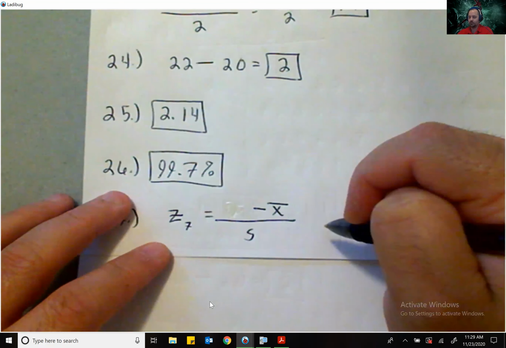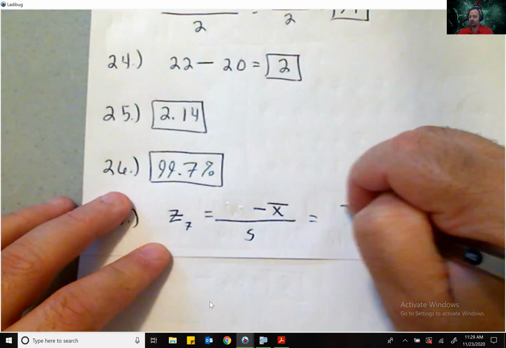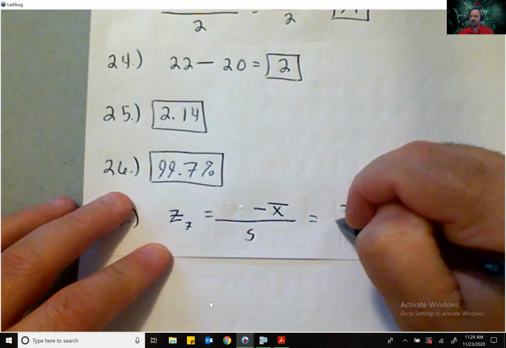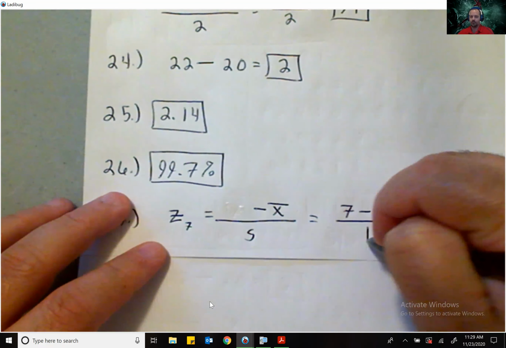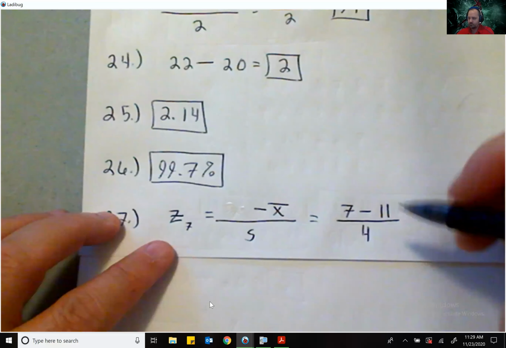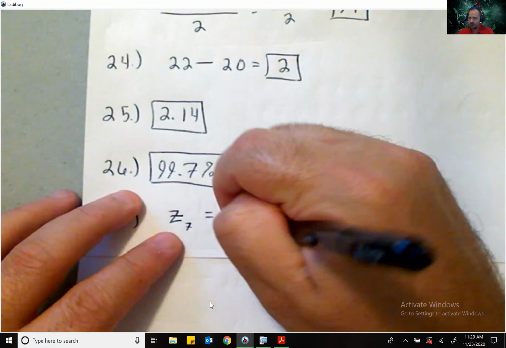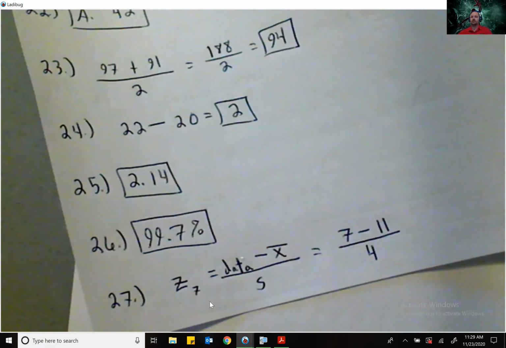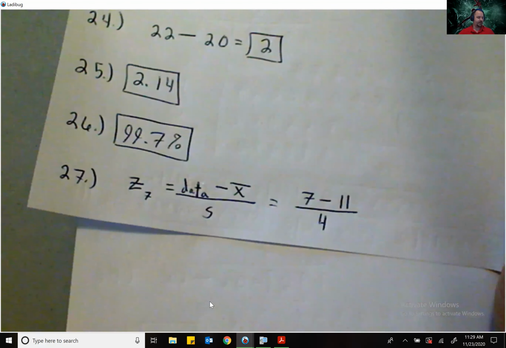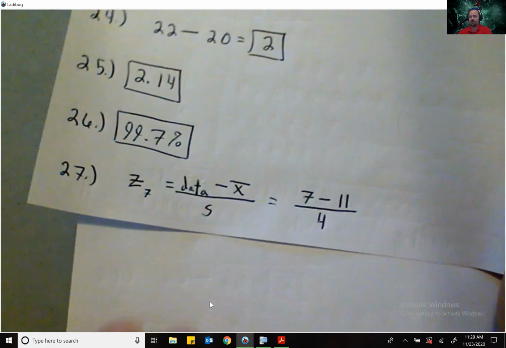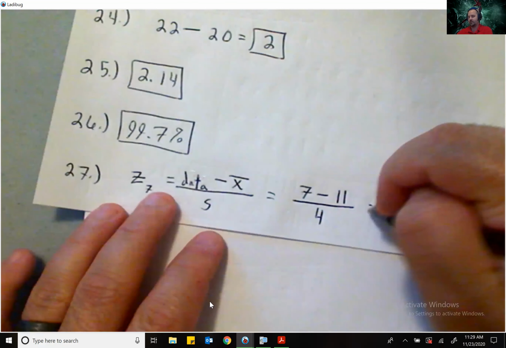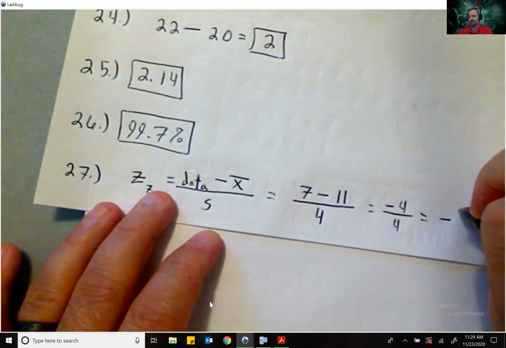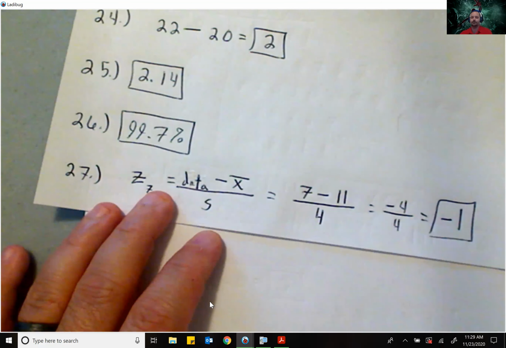Okay. So our data score is 7. We're going to subtract the mean, which was 11, and divide by the standard deviation, which was 4. So you just go to your calculator. 7 minus 11 is -4. And -4 divided by 4 is -1. There's your z-score. And that's it.